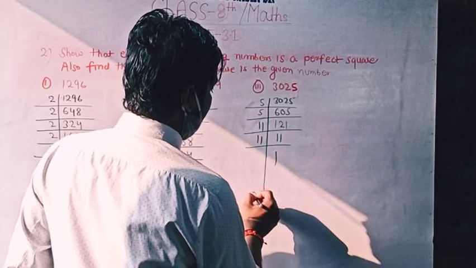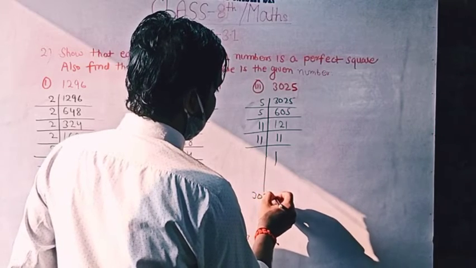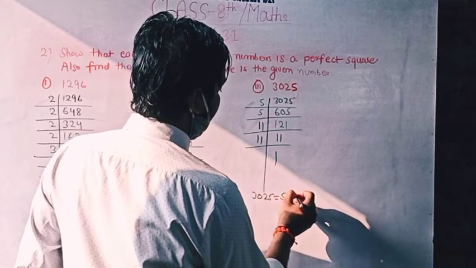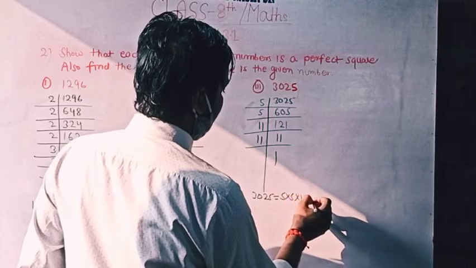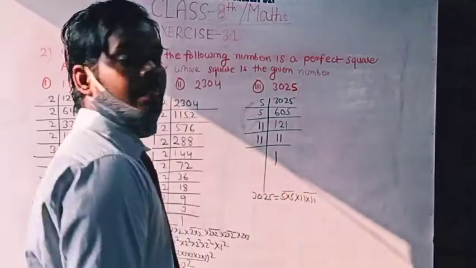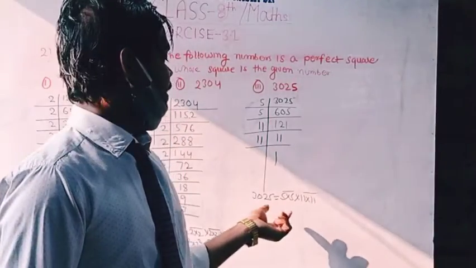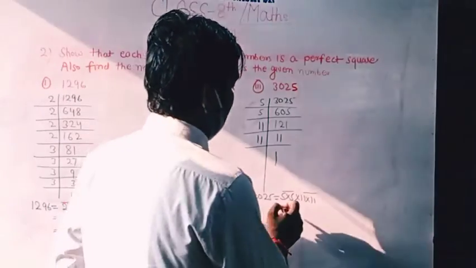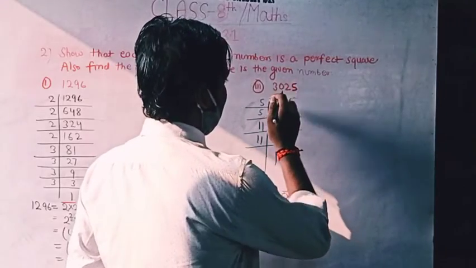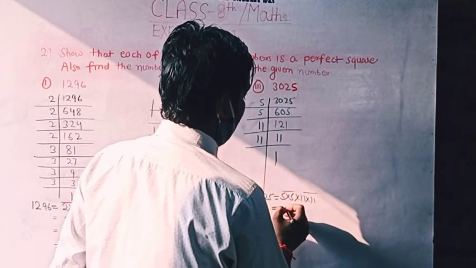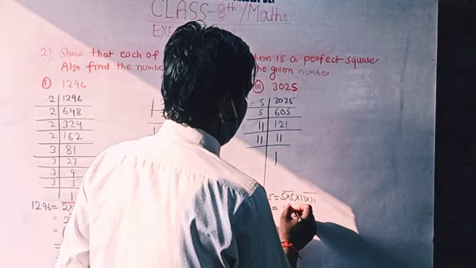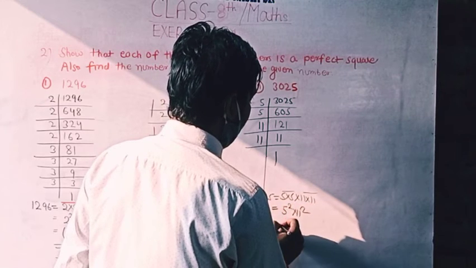So here 3025 is expressed as the product of 5 into 5 into 11 into 11. Okay, this is expressed as the product of equal pairs of prime factors. So 3025 is a perfect square number, and this is 5 square into 11 square.